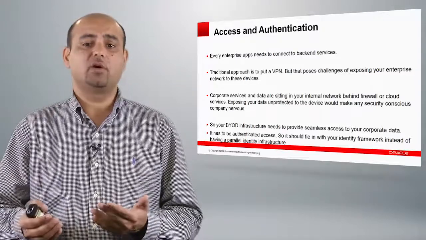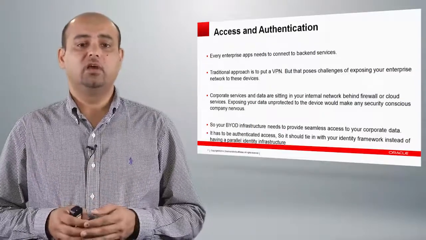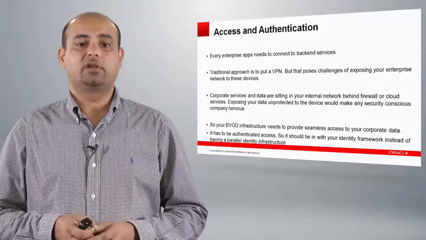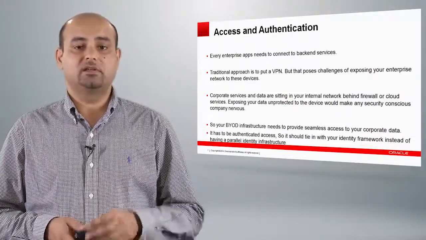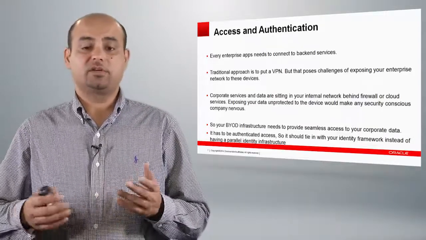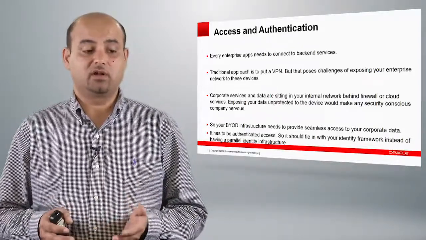And you have to worry about putting all sorts of controls on the client side to make sure that any unwanted data or access is not provided through your corporate VPN. Now corporate services and data are sitting in your internal network.